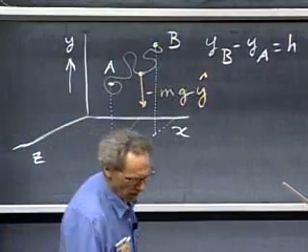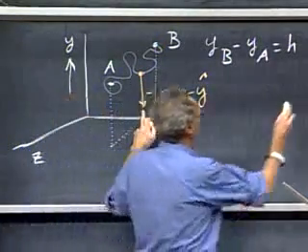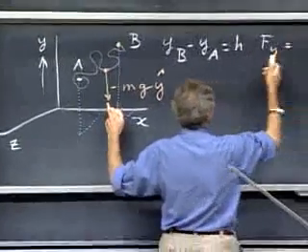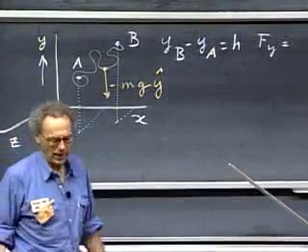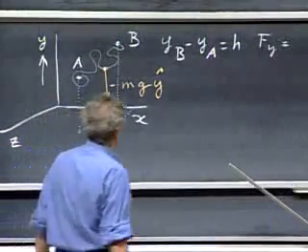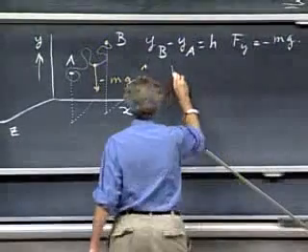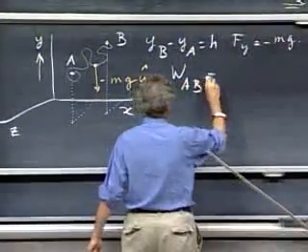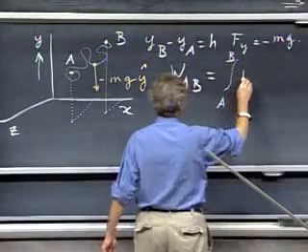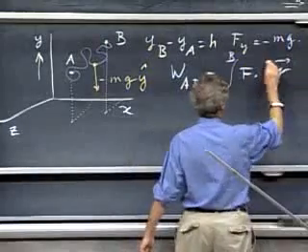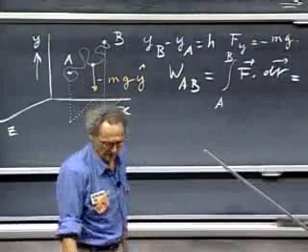So now I notice that there is only a value for f of y, but there is no value for f of x, and there is no value for f of z. They are 0. And so f of y equals minus mg. So if I calculate now the work in going from A to B, which is the integral from A to B of f dot dr, then the only term that I have is the one that deals with the y direction.